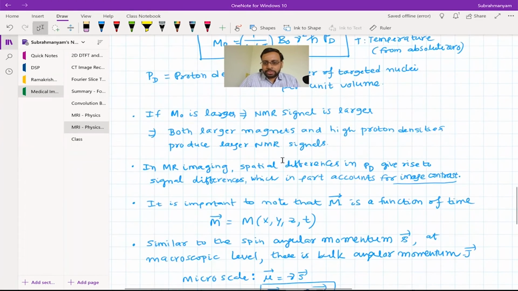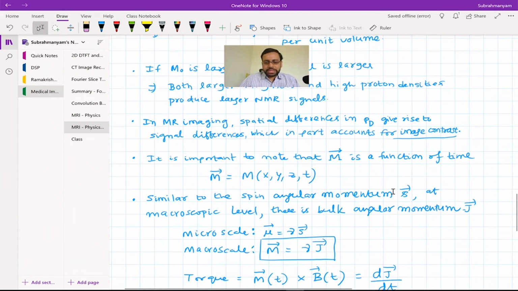So these spatial differences in PD will give rise to signal differences, which in part accounts for image contrast. Other issues are also there, which we will discuss in the next class.